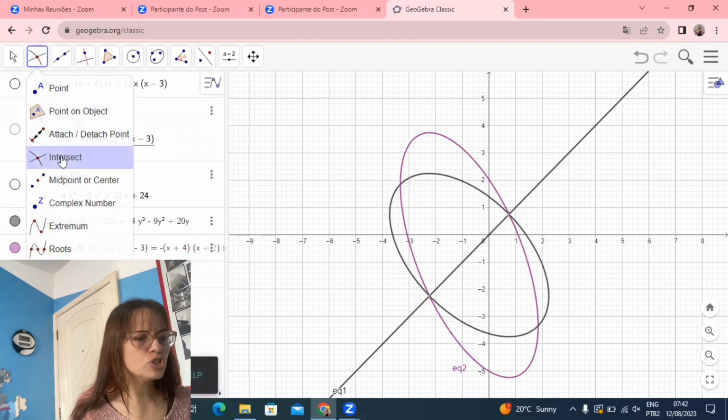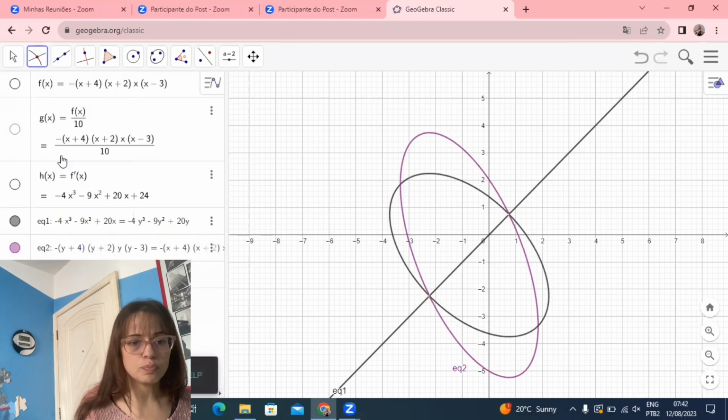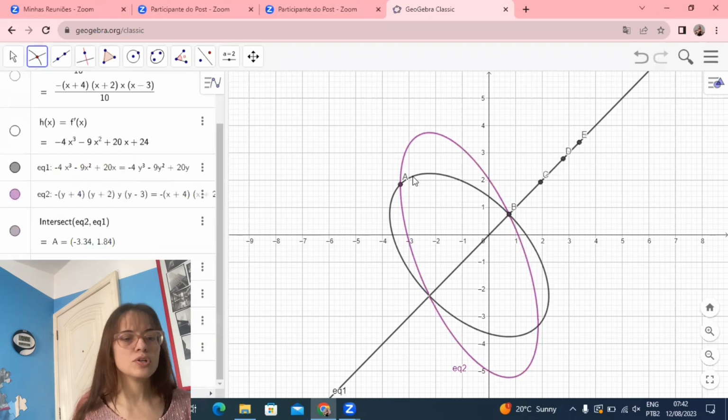I hope that GeoGebra is able to give me the coordinates of the points. Sometimes with curves that are too complicated like this, it doesn't work very well, but let's try the intersection between this and this. Oh, there you go. It worked. It's point A, which is minus 3.34 and 1.84 that I'm reading on the left here.